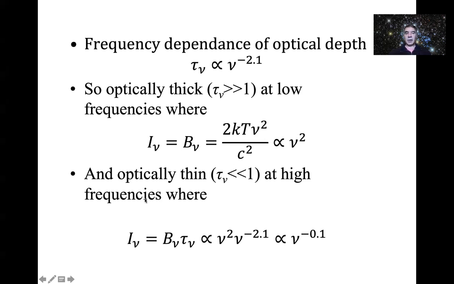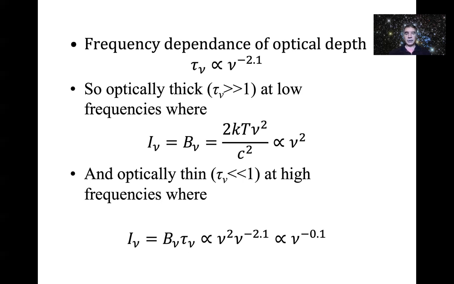Okay. What happens if we go to the optically thin end? So that will occur at higher frequencies. At some point, the optical depth will drop below 1. So recall then that the intensity would be given by the Planck function times the optical depth. Okay.